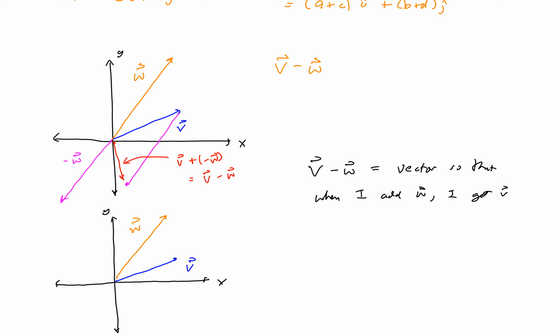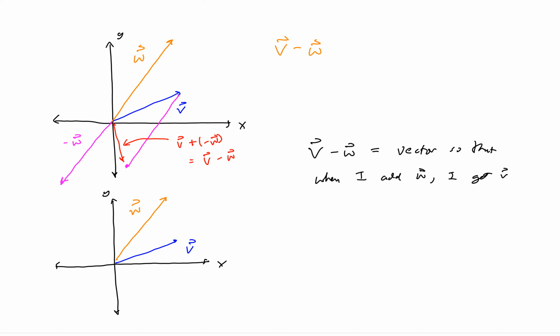So in that case, if I add whatever this is to w, I should get v. So that tells me exactly, not the most intuitive way to do this, but it is the fastest way in terms of drawing, it should be this vector here, which you can see matches up exactly with the vector we got when we did v plus the negative of w. So v minus w connects the end of w to the end of v.